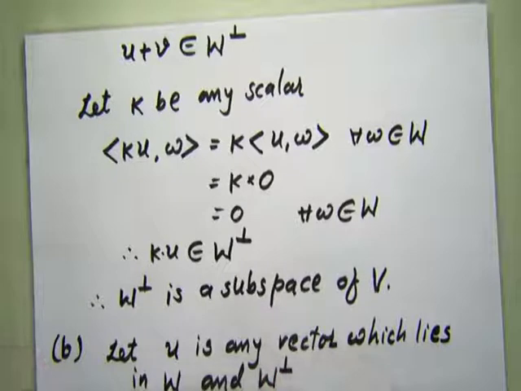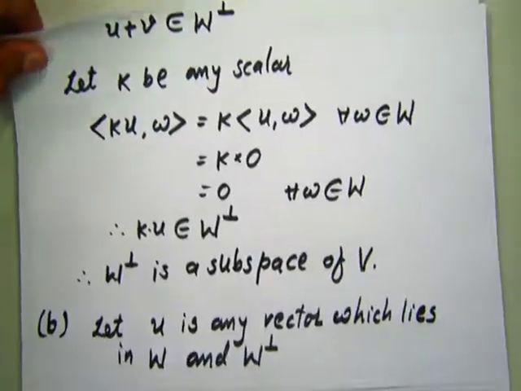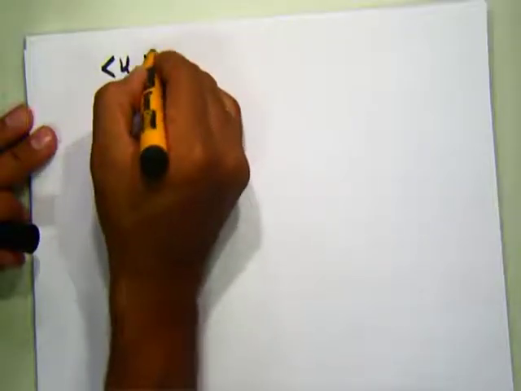It means we take an arbitrary vector U in W and W complement. As we know, if U is any vector of W complement, then it is orthogonal to every vector in W, and U is also in W, so U is orthogonal to U itself.